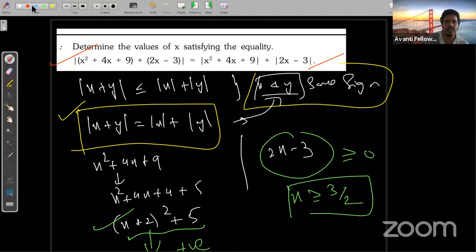As here the first one is positive all the time, this one also has to be positive. That is how you are going to do this one. Understood or not? Please tell me.